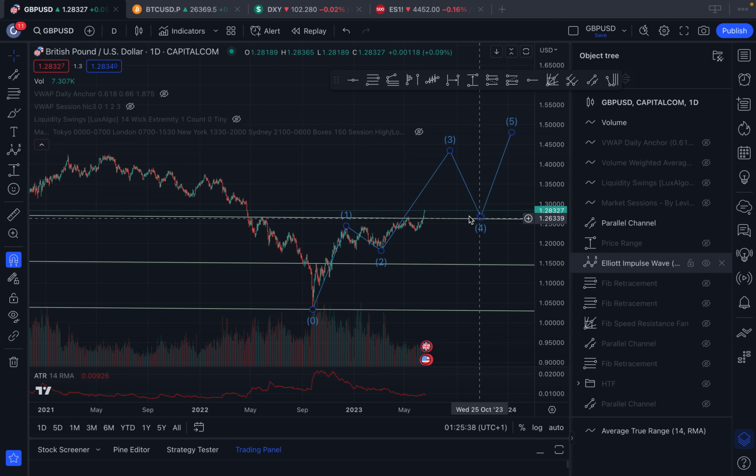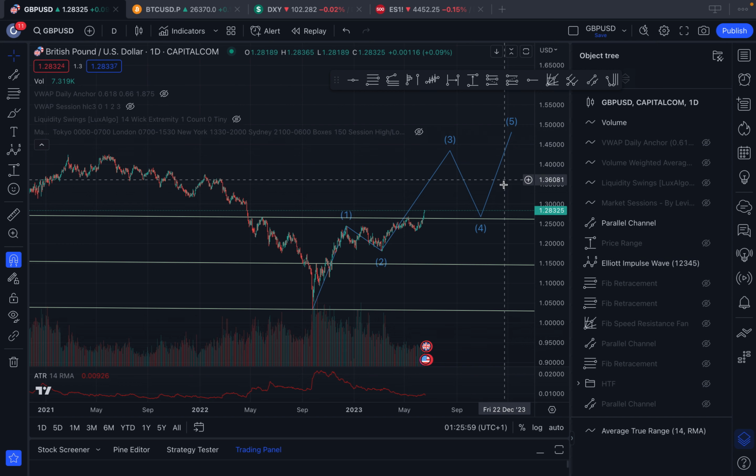So who knows? If we keep going up and 3 clears all of this level, it should be perfect. It would make sense as well. We clear all of that, then have a massive pullback all the way down here and go up there to complete the 5th wave.